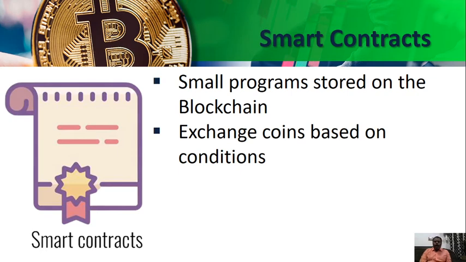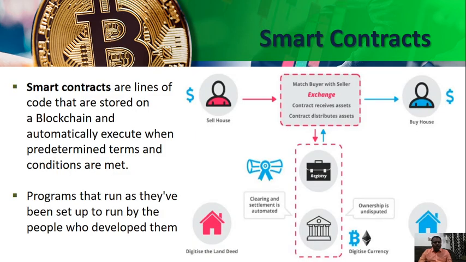Now, in the coming time, they developed a new technology called a smart contract. What's a smart contract? In order to make the blockchain more secure, it's a small program designed to store the blockchain information and exchange information without a third party source. Let's take a small example of how smart contracts work. For example, a seller wants to sell a house and a buyer wants to buy it.